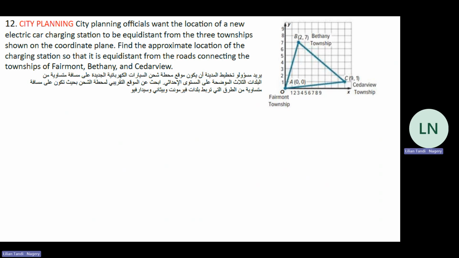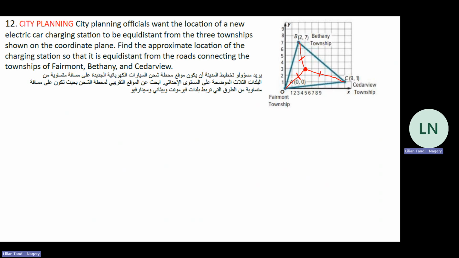We need to find a place where all of them are equal, so we need to find the incenter. So we'll be somewhere here in the middle. This distance must be the same as this distance and that distance there. These 3 lines must be the same. So the charging station will be there.